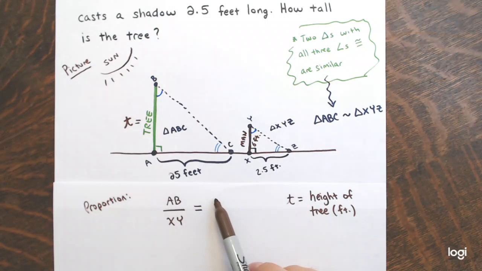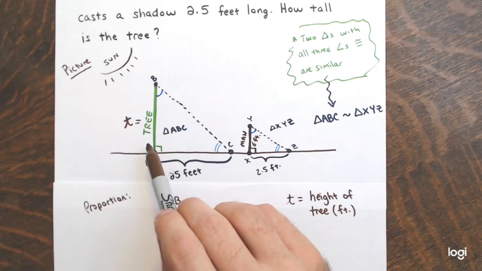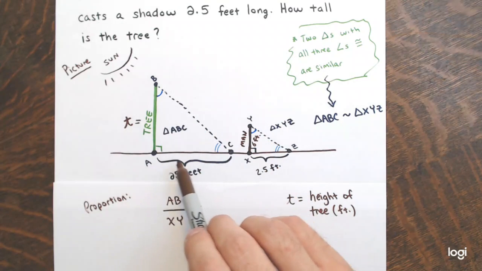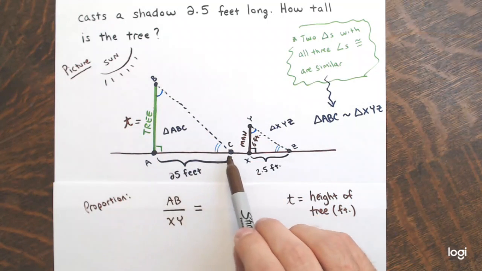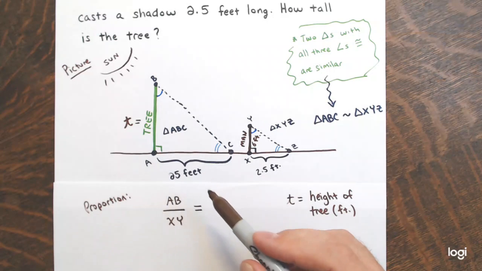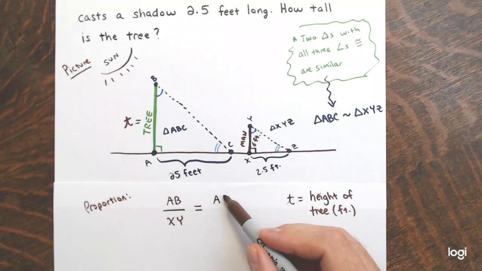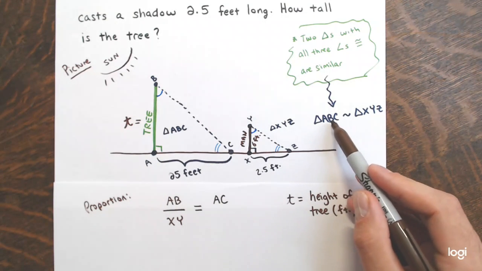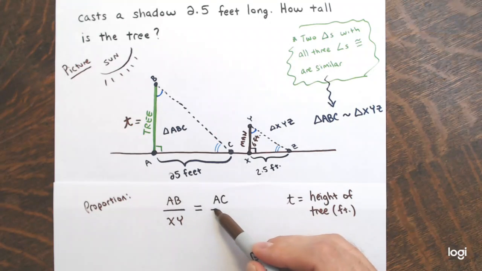All right, so the only length I know in triangle ABC is this length here, the length AC or CA. That's the first and third letter in my name of the triangle.